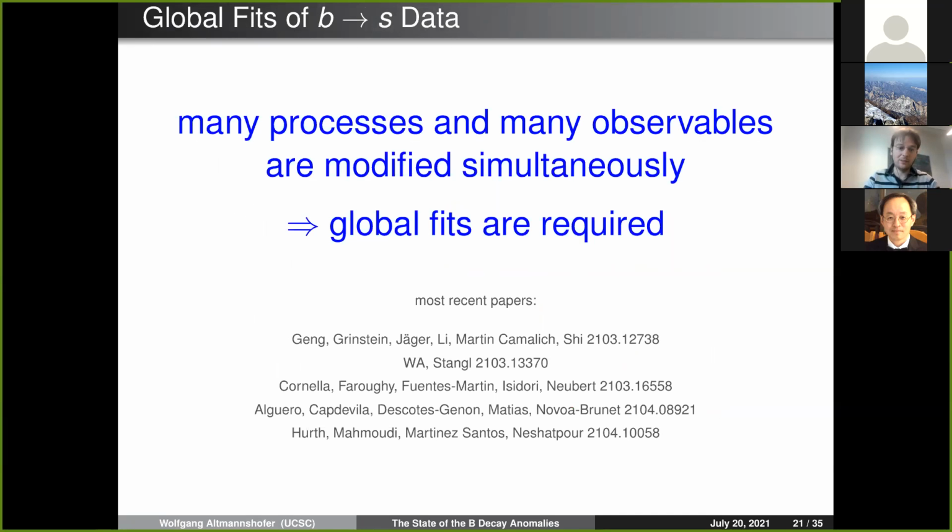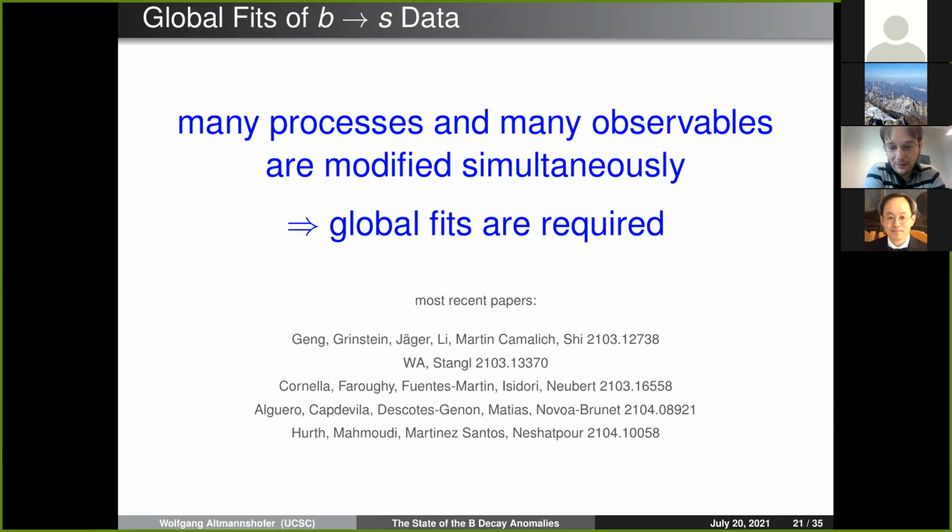And these global fits, they've become a sort of a small industry. I started doing that already before these anomalies were coming out. Already, I think more than 10 years ago, I started doing these global fits of rare decay data.